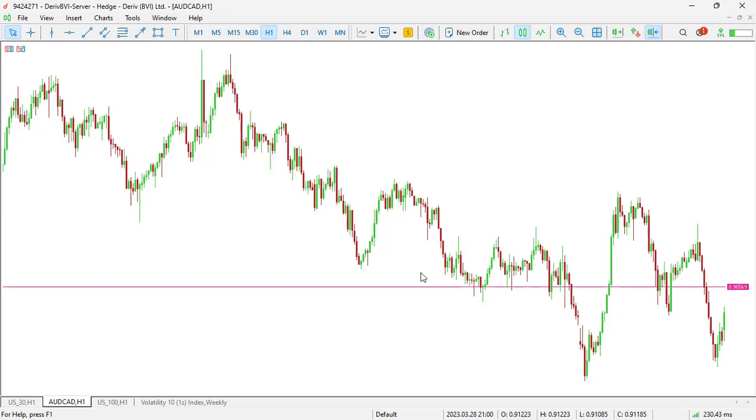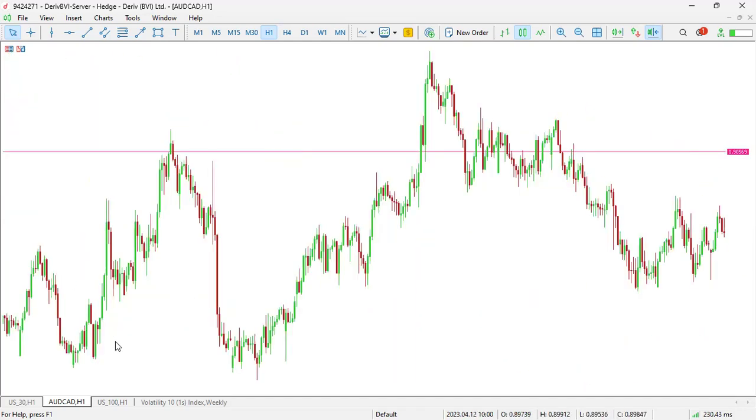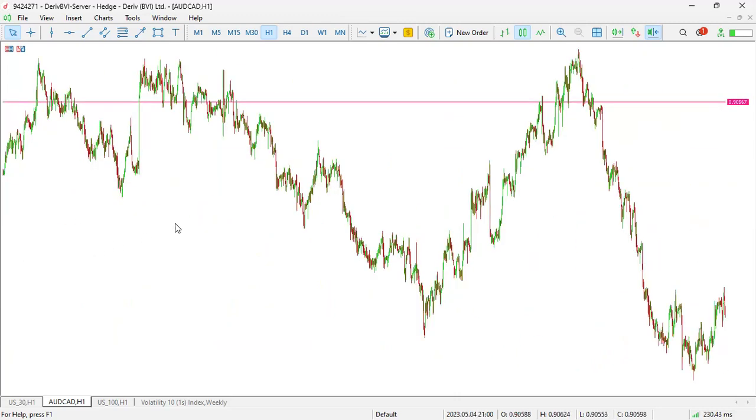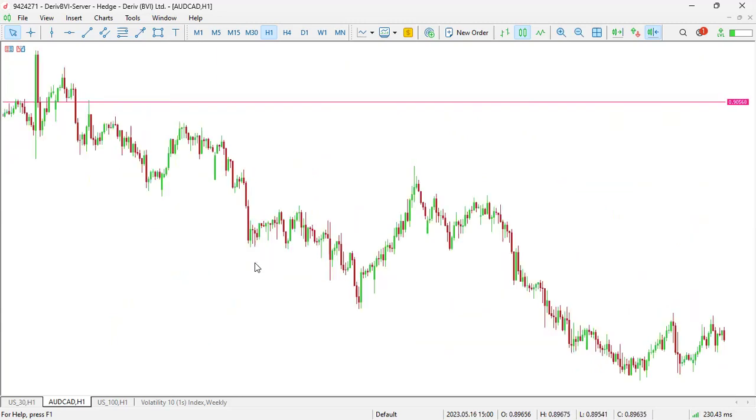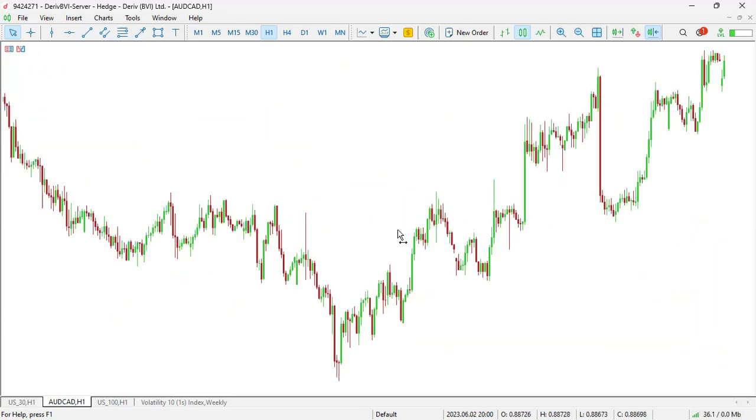Just a moment. Okay, let's identify a case where the price was going up and down. For example, here we have this case.